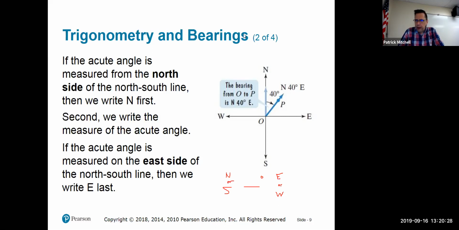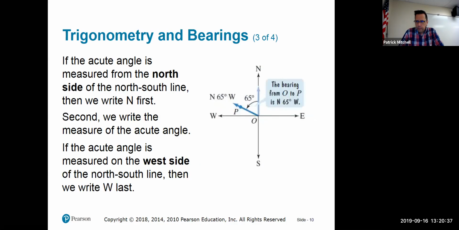I'm going to give you time to think about the next two. Again, finding the bearing from O to P. Just like in the last problem, point P is located somewhere to the north of point O, so we start by saying north.